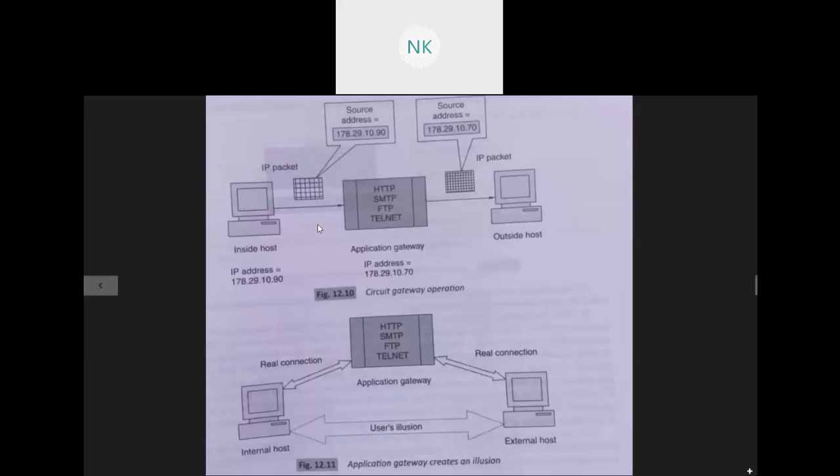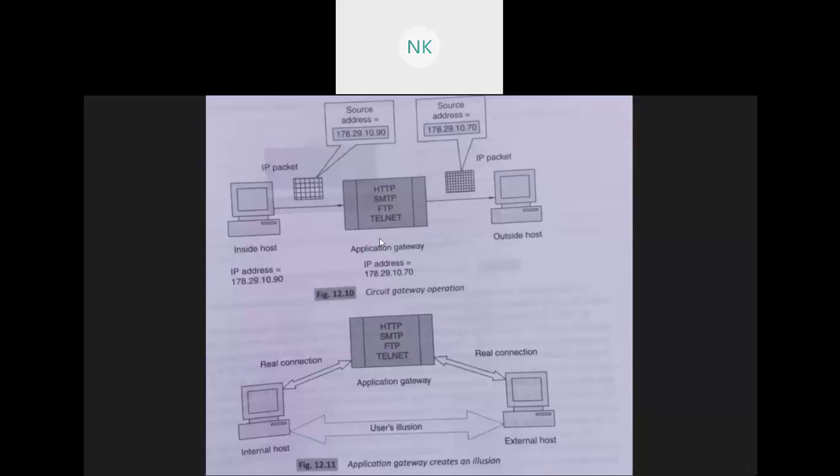After that, the user provides his information to the application gateway. Then the application gateway accesses this host on behalf of this user, and passes the packet or the message of the user to the host.